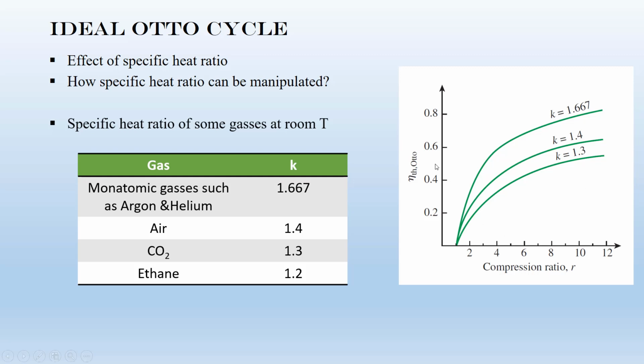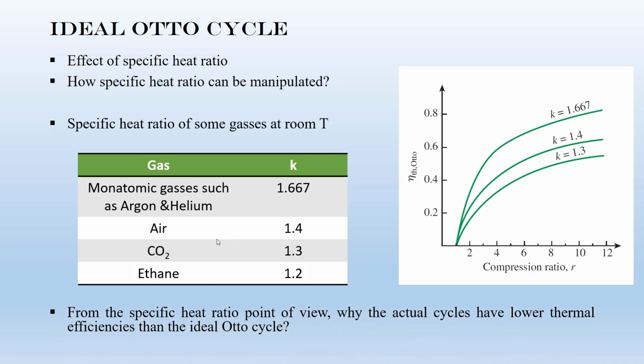Here you can see the thermal efficiency versus the compression ratio for different gases with different specific heat ratio K. As you can see, the higher K means the higher thermal efficiency. But normally we don't have too much control on this parameter because you need to use air for the combustion, correct?